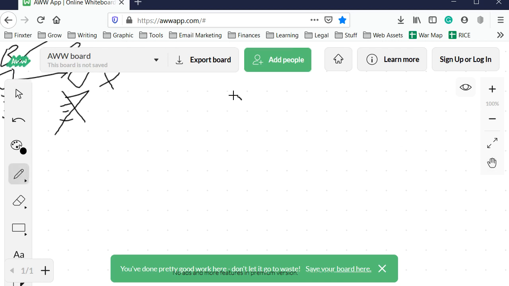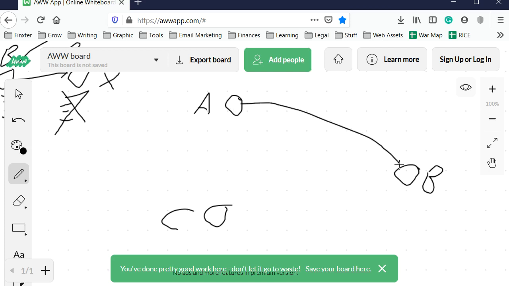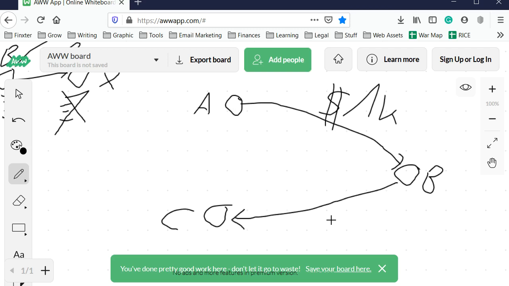If you want to analyze the money flow, you have person A, like Alice, and then person B, like Bob, and another person C, like Chris. Maybe Alice has sent $1,000 to Bob, and Bob has sent say $500 to Chris, and Chris has sent $10 to Alice, for example.